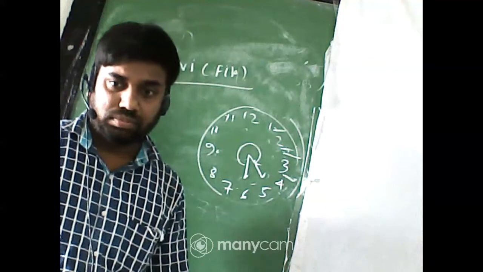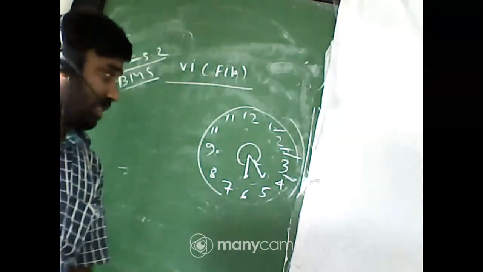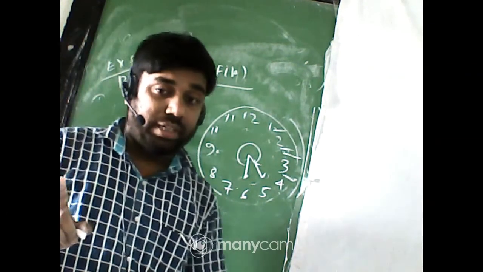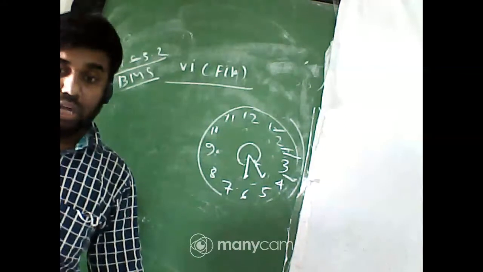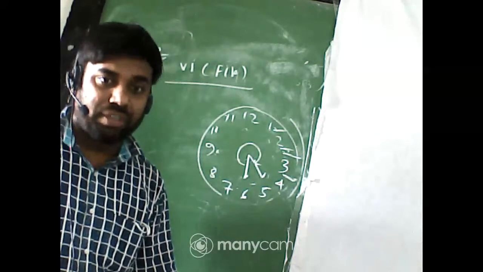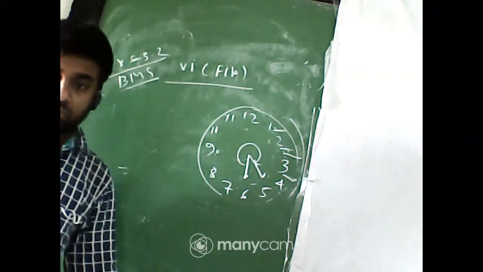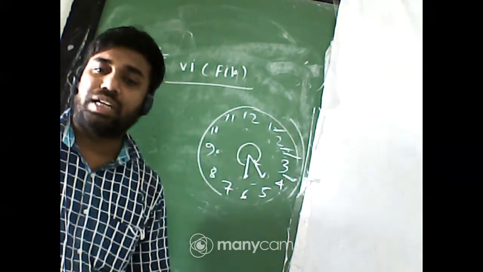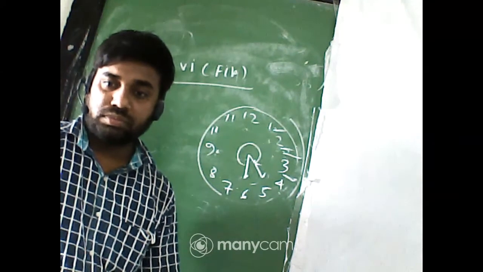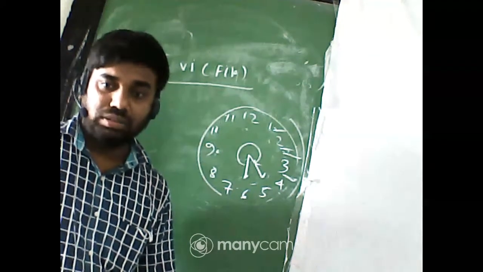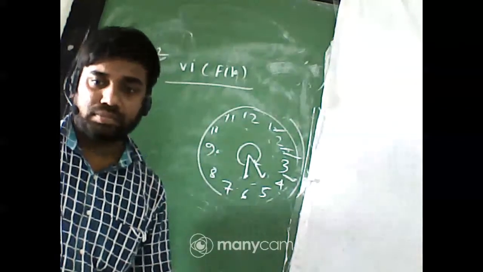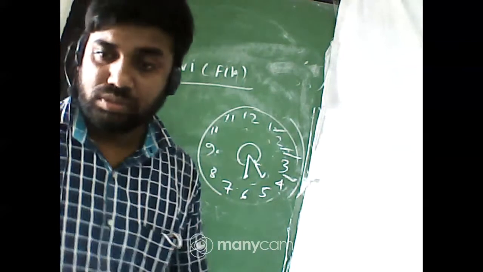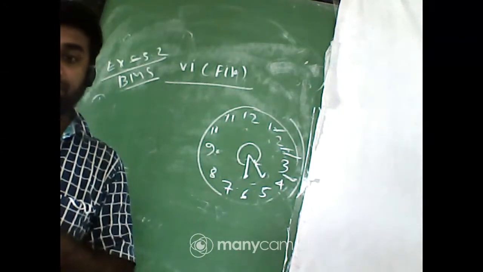Saptara, wrong answer. 12 gaps, 6 to 5? Count it properly, correctly. Count it again. I'm giving you time. 11 gaps. So 11 into 30. What answer? 11 into 30. Yes, 330.